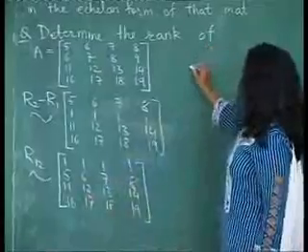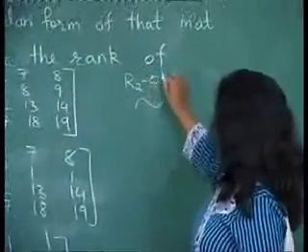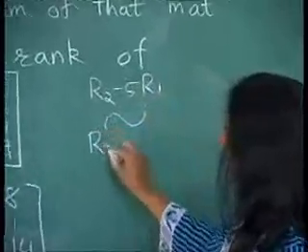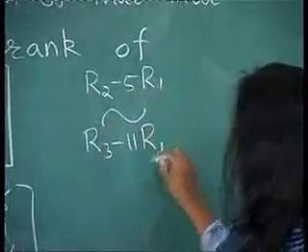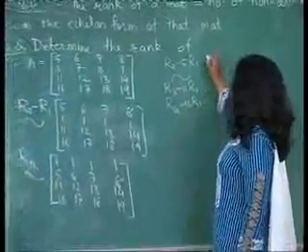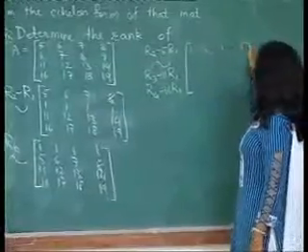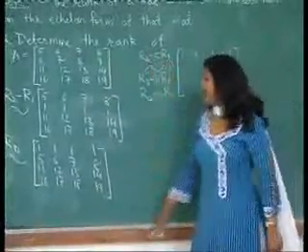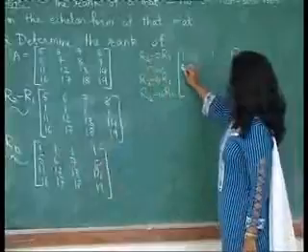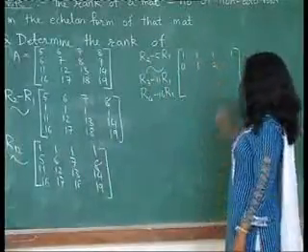So the obvious transformations that I am going to require are R2 minus 5R1, R3 minus 11R1, R4 minus 16R1. My first row is going to remain the same, 1, 1, 1, 1. Second row is R2 minus 5R1: 5 minus 5 is 0, 6 minus 5 is 1, 7 minus 5 is 2, 8 minus 5 is 3.